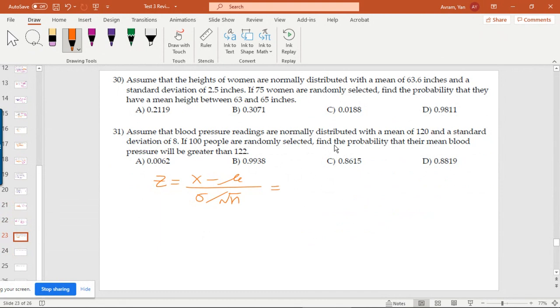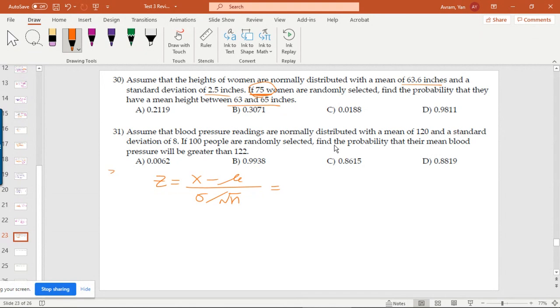So assume the height of women is normally distributed with the mean of this much and the standard deviation. This time, if you select 75 women, find the probability they have a mean height between 63 and 65. So 75 women are selected. So that means n is greater than 1, you will need to divide by this one right here.